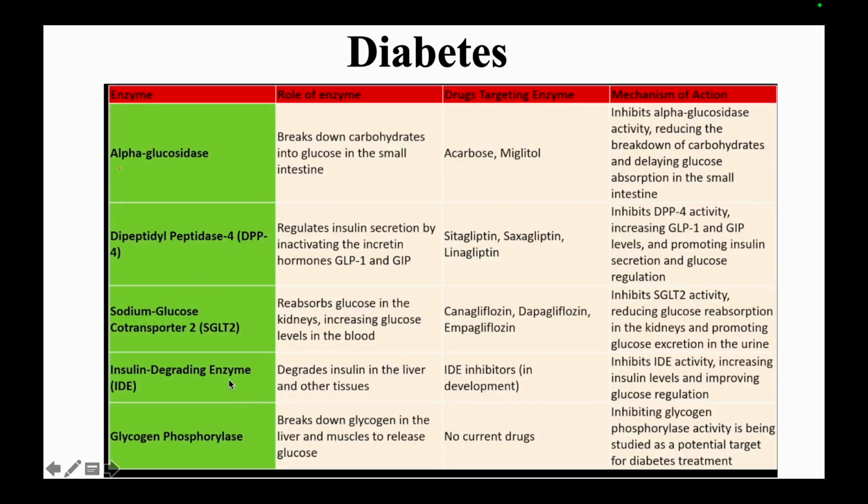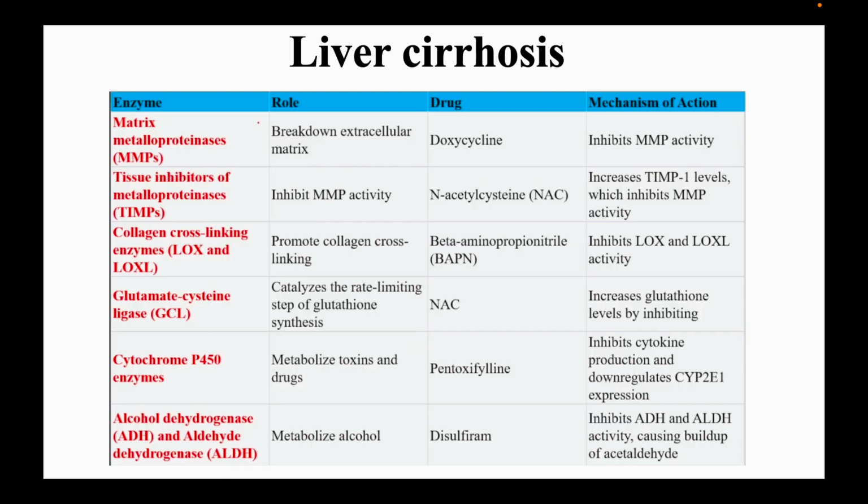Then we have glycogen phosphorylase, which breaks down glycogen in the liver and muscles to release glucose. There are no current drug targets for this, and this activity has been studied for diabetes treatment.